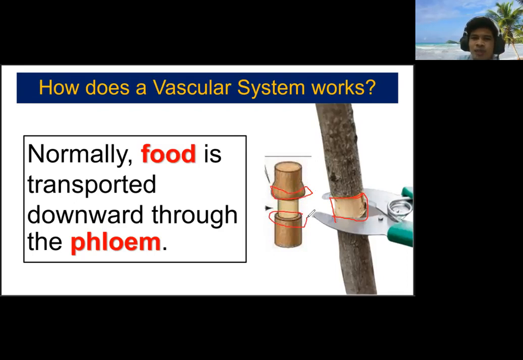This is because normally food is transported downward through the phloem. So when you cut the phloem here, food cannot be transported to the lower part.